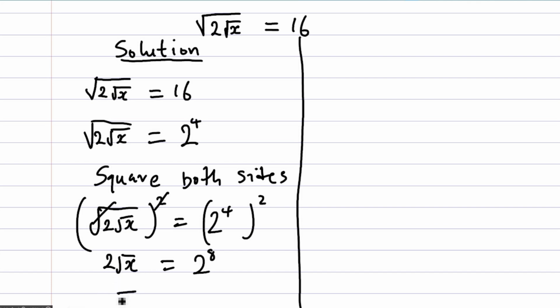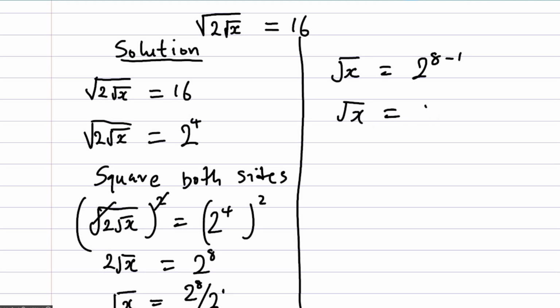Let's divide both sides by 2, so that the square root of x is equal to 2 raised to power 8 divided by 2. And 2 is the same thing as 2 raised to power 1. So the square root of x is equal to 2 raised to power 8 minus 1, which gives us that the square root of x is equal to 2 raised to power 7.